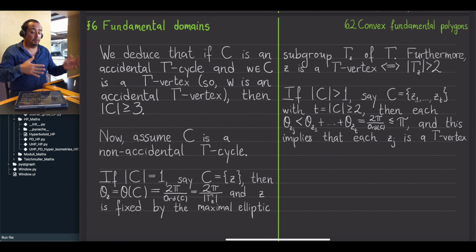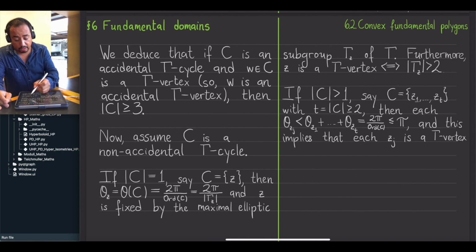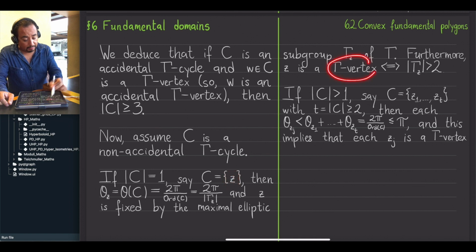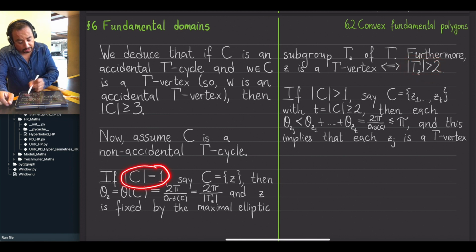Conversely, if you give me a non-accidental gamma cycle, you can almost always assure that its elements are gamma vertices, except in a very specific situation, which is when this has exactly one element, and whose stabilizer has exactly 2 points.